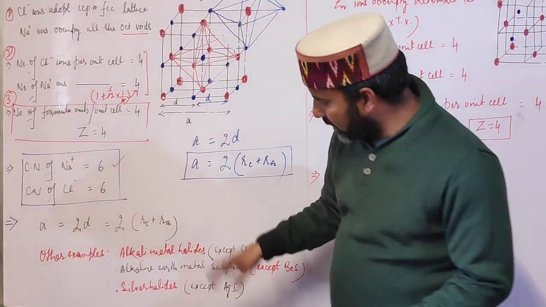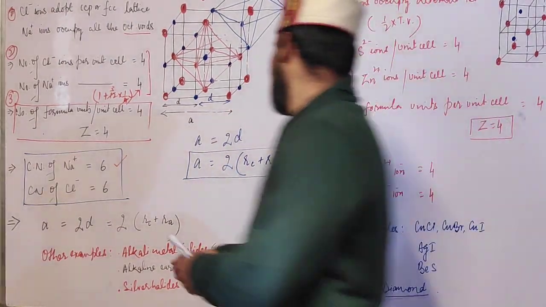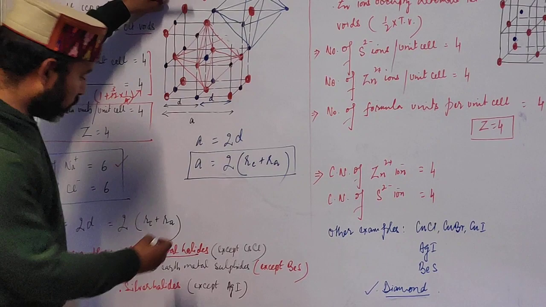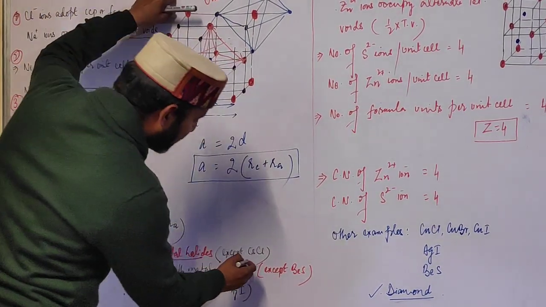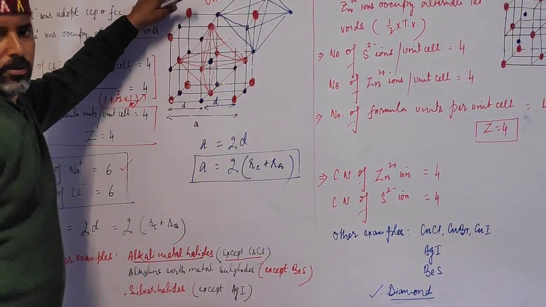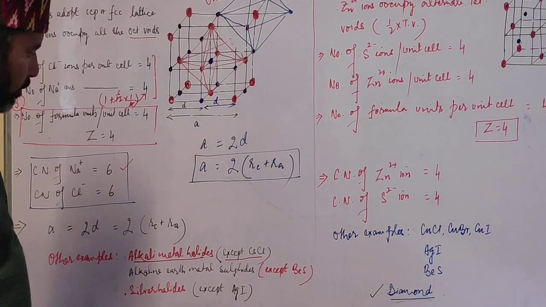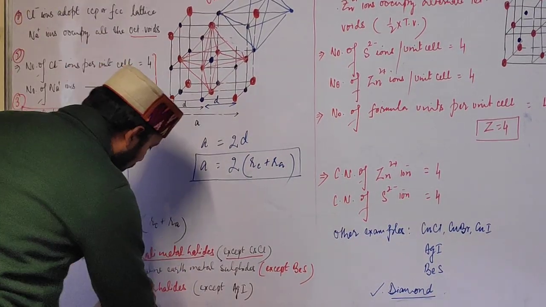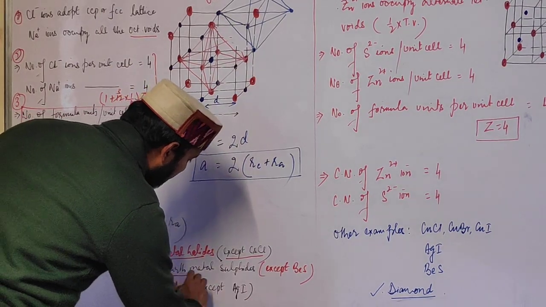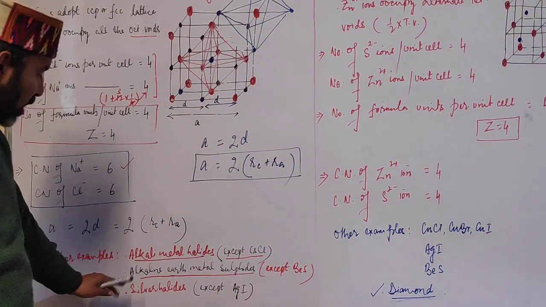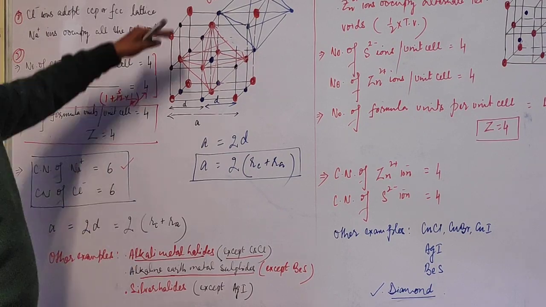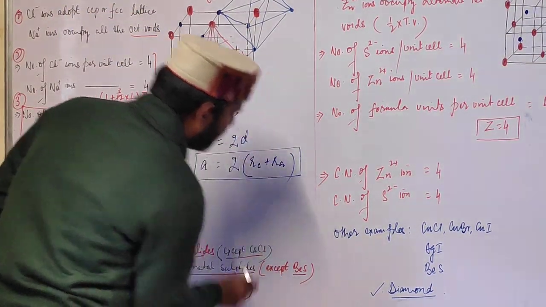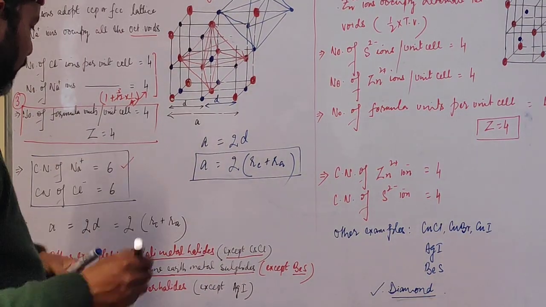Now I have some other examples, students. All alkali metal halides have rock salt structure, means their structure will also be like this. There is an exception, cesium chloride. Cesium chloride has a body centered cubic lattice, so that is an exception. Second, all alkaline earth metal sulfides, that means sulfides of group 2 elements, also have rock salt type structure except beryllium sulfide. Beryllium sulfide has a different structure.